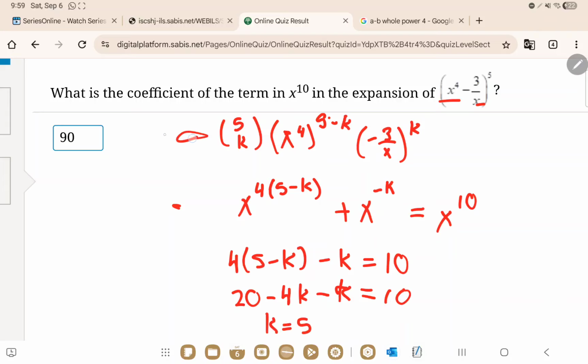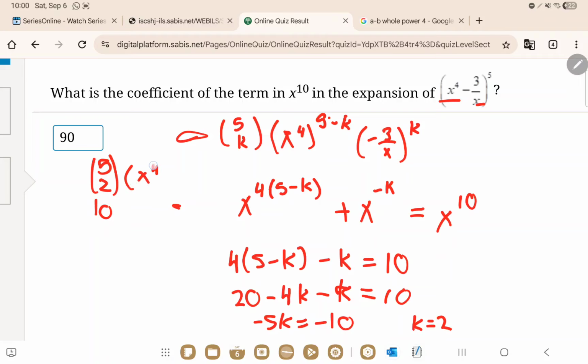So now in this equation we substitute where k is 5. So 5c5. Wait, is it 5? Wait, no, it's not 5. It's negative 5k equals negative 10. K is 2, my bad. So k is 2. 5c2, which is 10, times x to the power of 4 to the power of 5 minus 2, which is 3, times negative 3 over x to the power of k, which is 2.